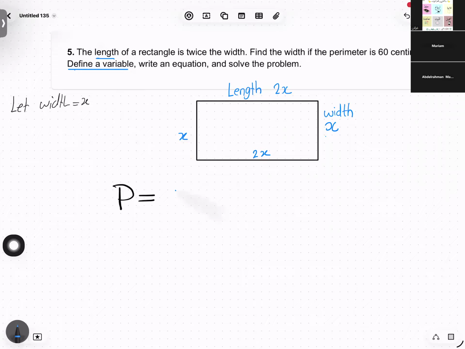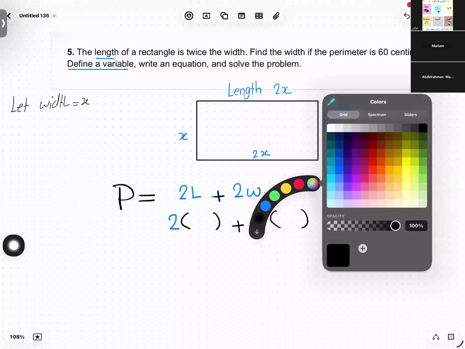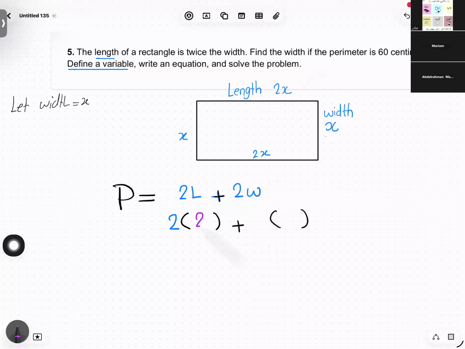We can say 2 lengths plus 2 widths, which means 2 multiplied by length plus 2 multiplied by width. And the length is 2x and the width is x.